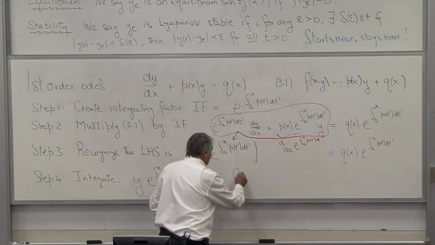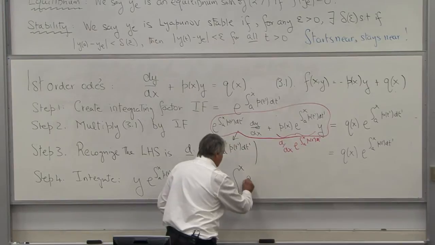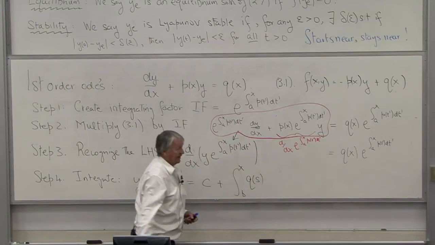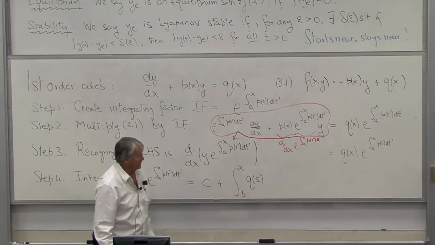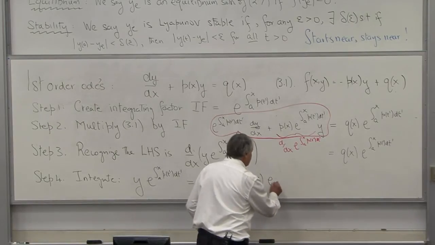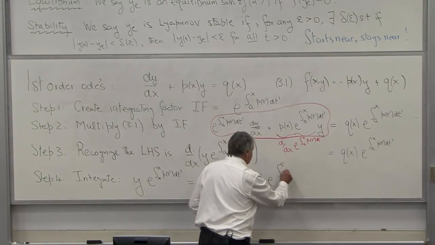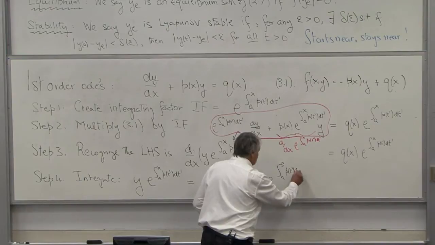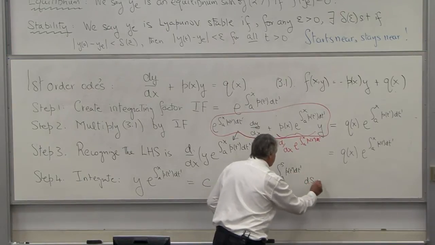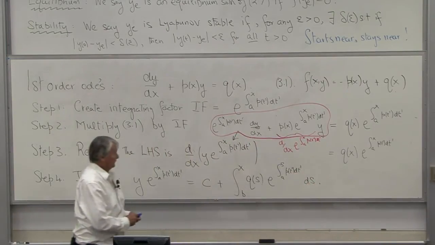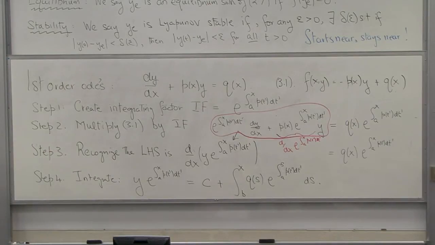It'll be some b up to x, and we'll introduce the letter s to stand for the dummy variable of integration here, e to the integral a to s p of t prime dt prime ds. Finished. Explicit solution for y.